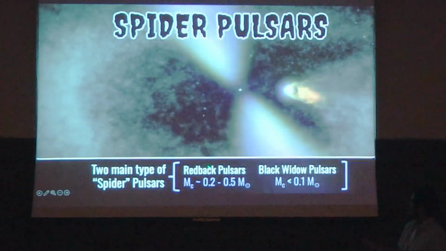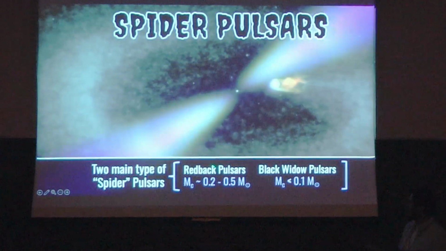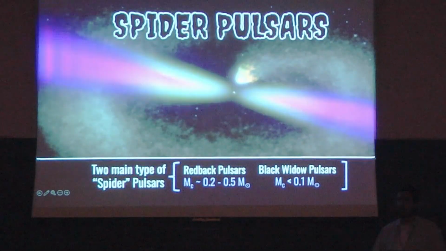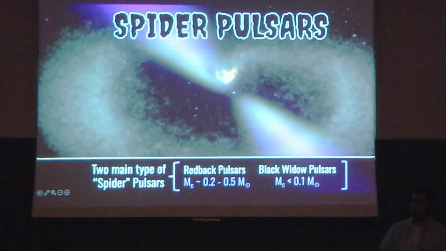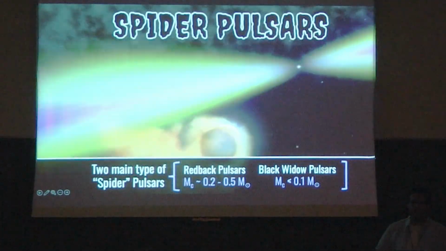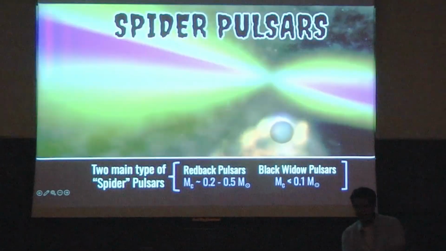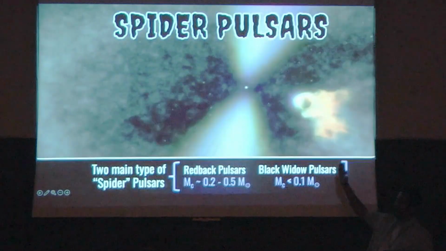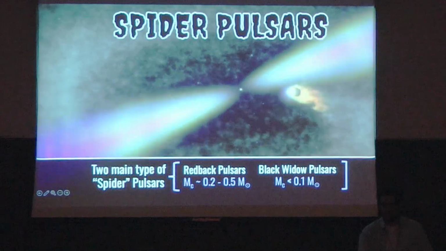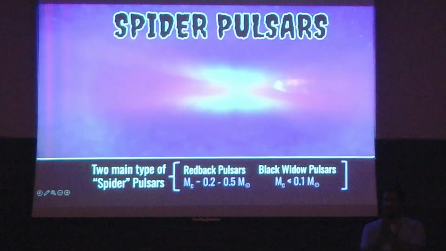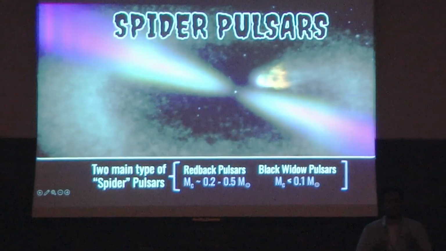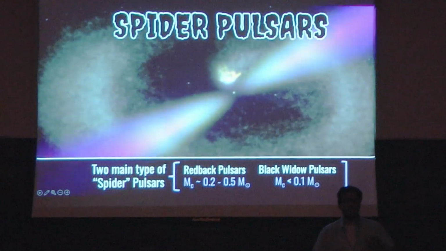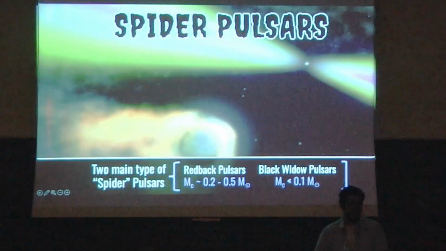One of the things that is also different between redbacks and black widows is that within this interaction that's occurring, you also form what's known as an intra-binary shock. And so that's just a fancy way of saying somewhere along the distance between the two, you have a shock that forms because you have the interaction of the pulsar wind with either the companion's magnetosphere or its own stellar wind.